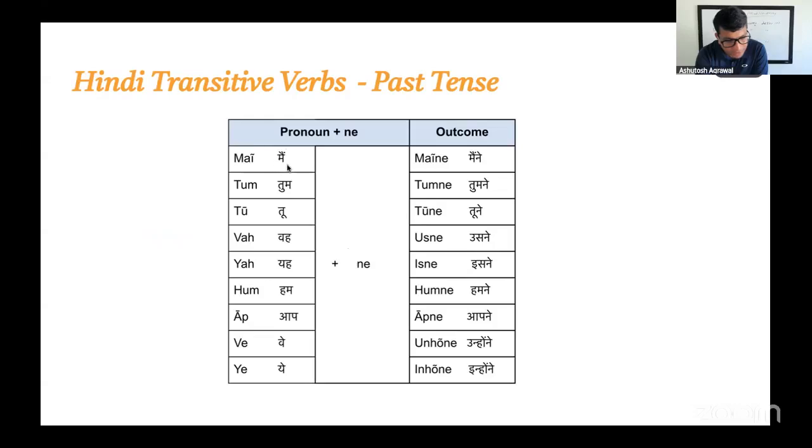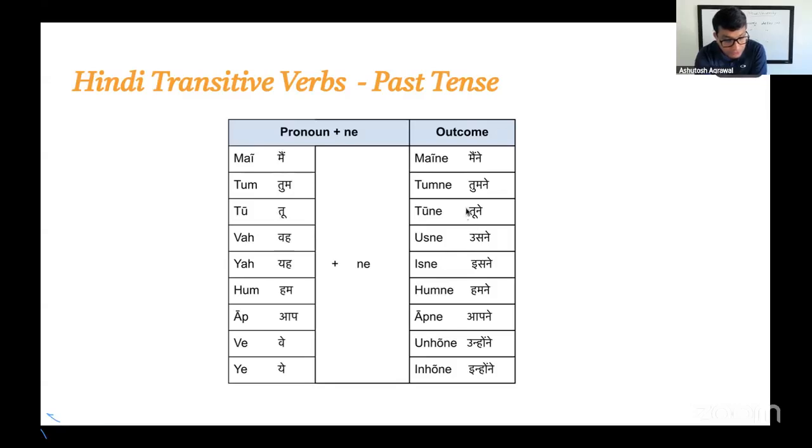So when you add it, Michael ji, you have a मैं, it becomes मैंने. When you have तुम, which is semi-formal, it becomes तुमने. Okay. Tu is your totally intimate or informal you.